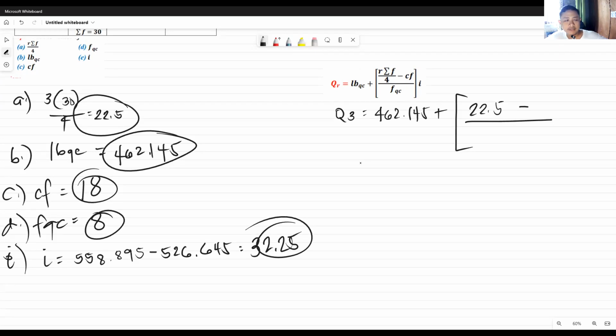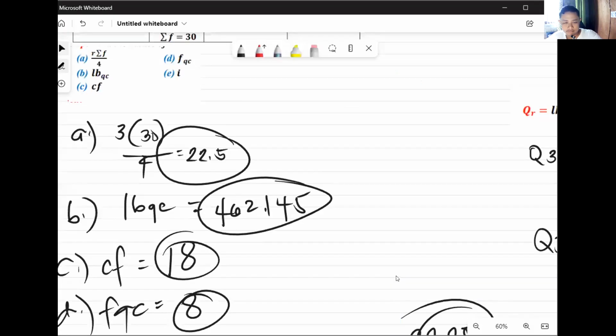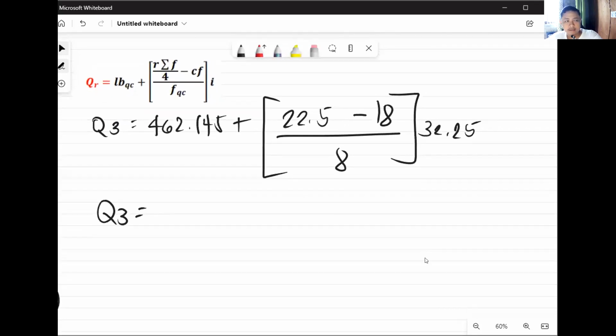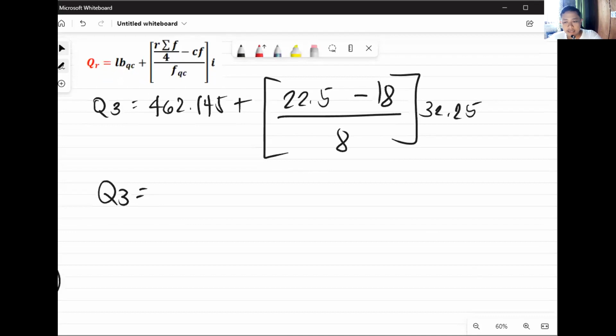Minus cumulative frequency, which is 18, over FQC, that's 8, times your I, which is 32.25. Press it in the calculator and type it in the chat box, please.